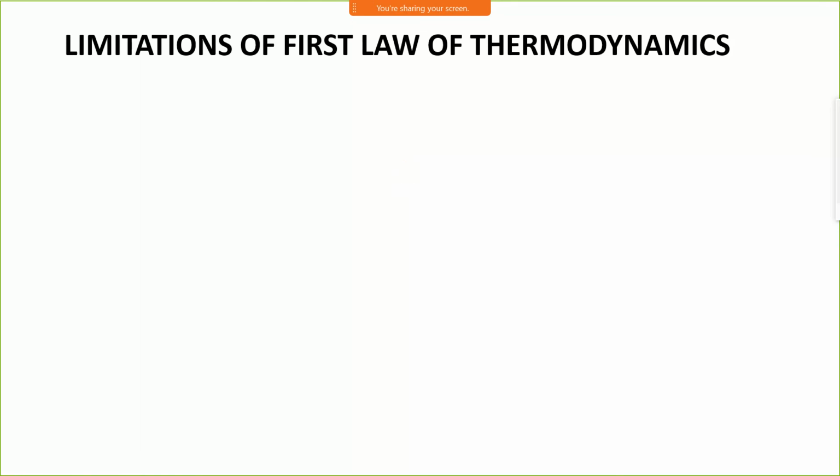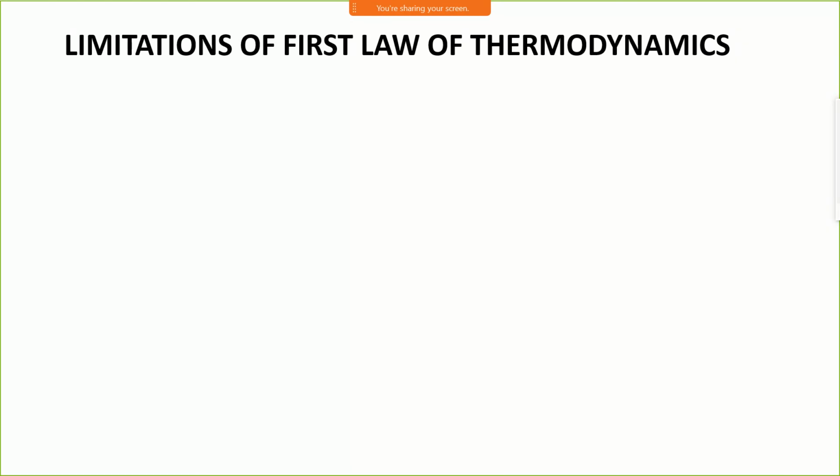Now, limitations of the first law of thermodynamics. What are the limitations of the first law of thermodynamics? The first law of thermodynamics tells that heat and work are mutually convertible. Heat and work being mutually convertible means we can convert heat energy into work done or work done into heat energy.